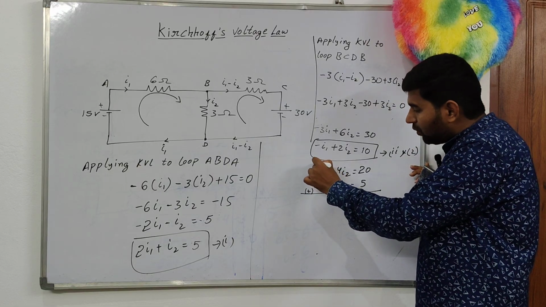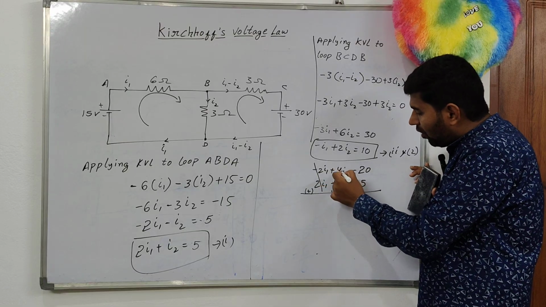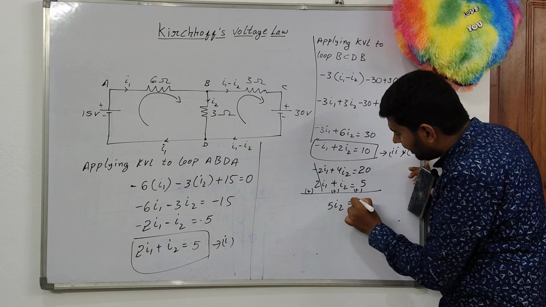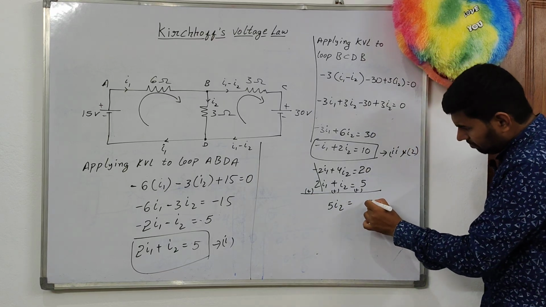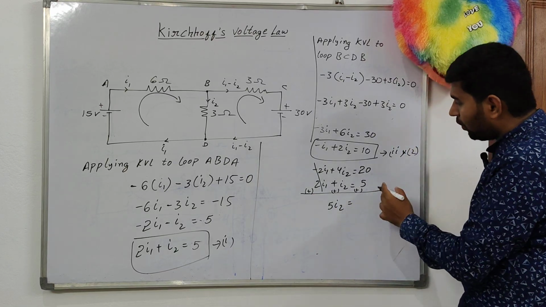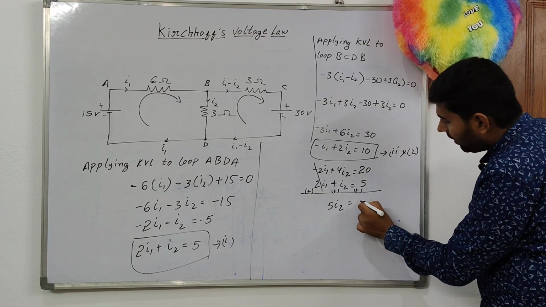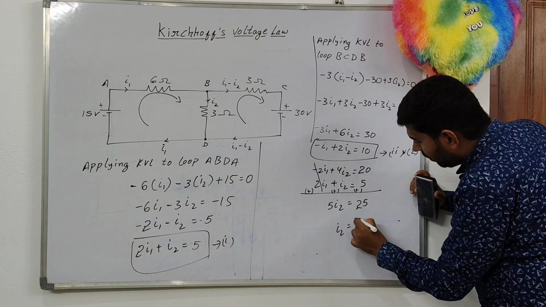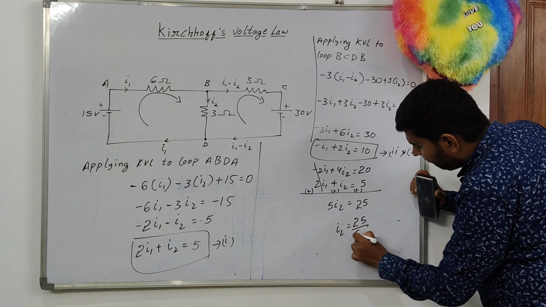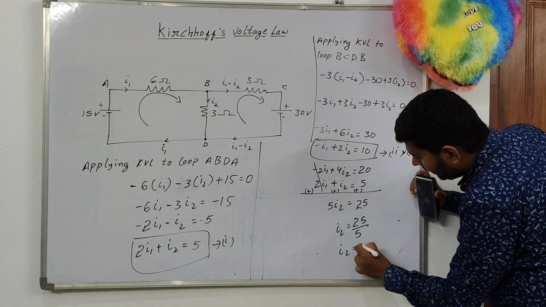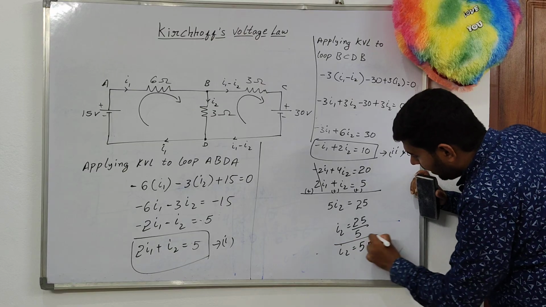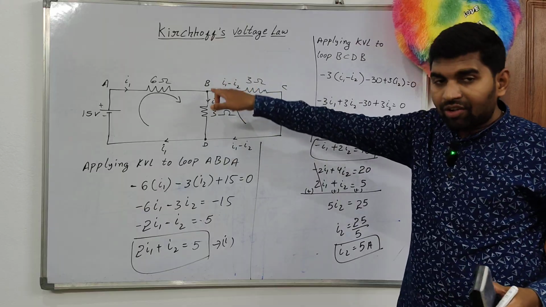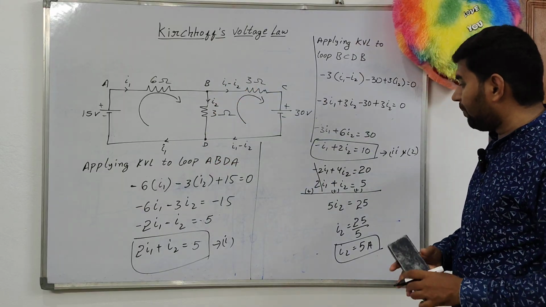Minus 2I1 plus 2I1 cancel. Remaining 4I2 plus I2, 5I2, is equal to 20 plus 15, 35. Therefore, I2 is equal to 5 amperes. I got the current I2, which is the current flowing through the 3 ohm resistor: 5 amperes.